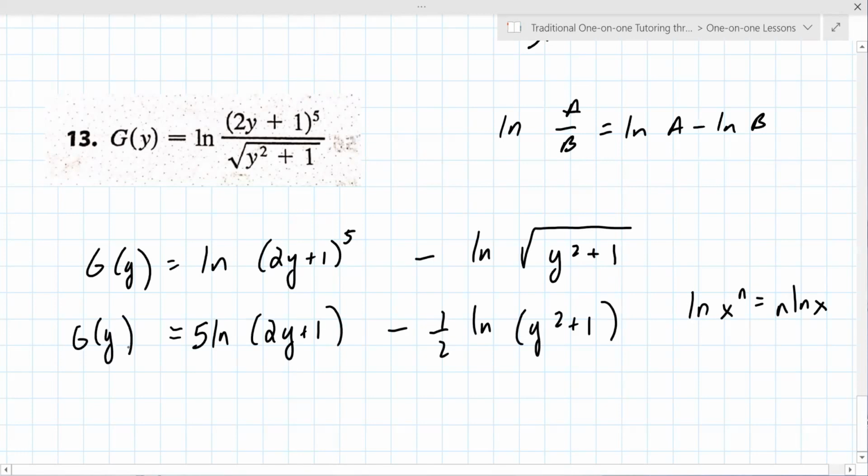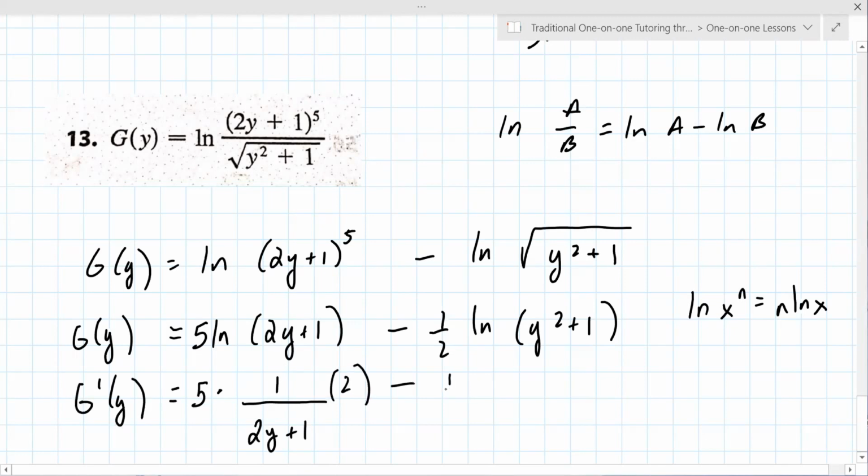And you do all this to make the derivative easier, because natural log is just 1 over. So this is 5 times 1 over 2y plus 1, we're at the derivative step, times the derivative of the inside function, which is 2, minus 1/2 1 over y squared plus 1 times 2y.